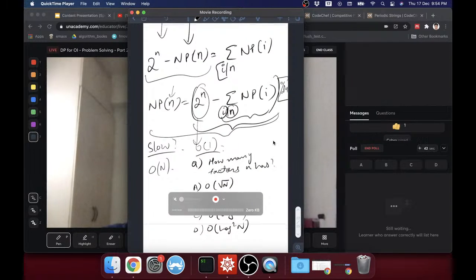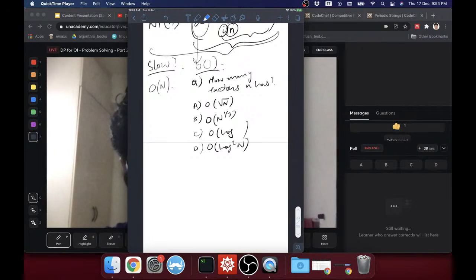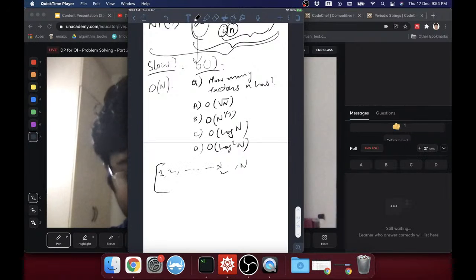I'm basically asking you the rough upper bound on the number of factors that n can have. Like one factor is 1 maybe, another is 2 maybe, then another is maybe n by 2, then n, and so on. How many in the worst case can you have?